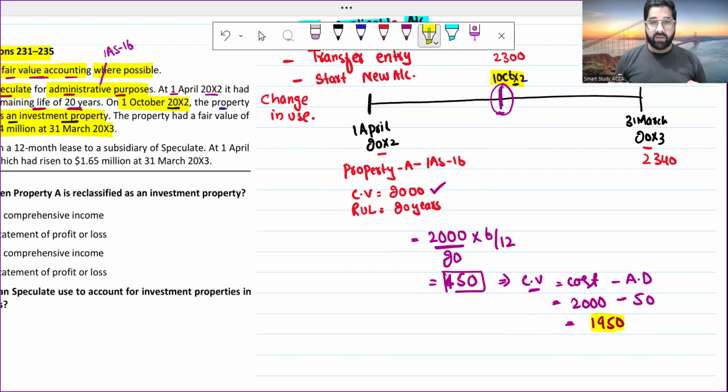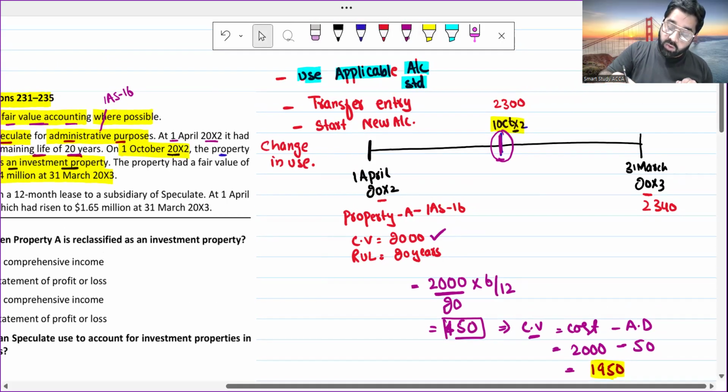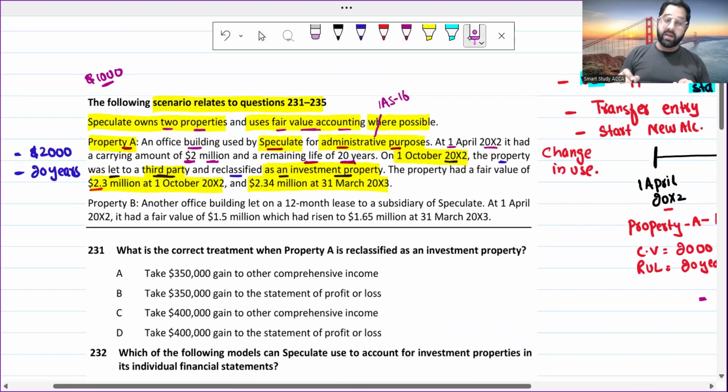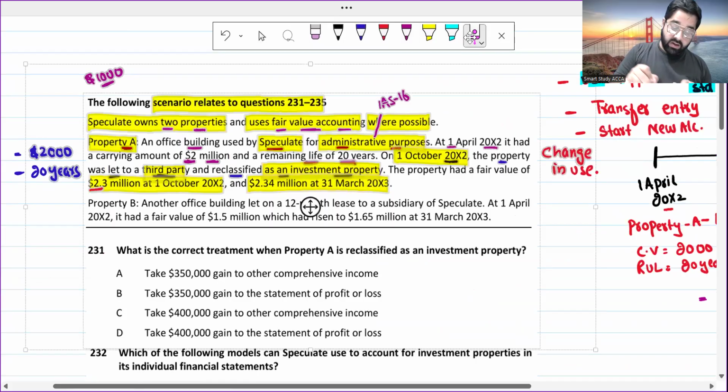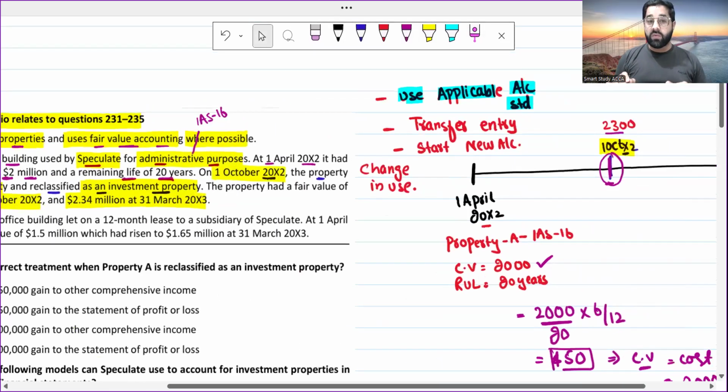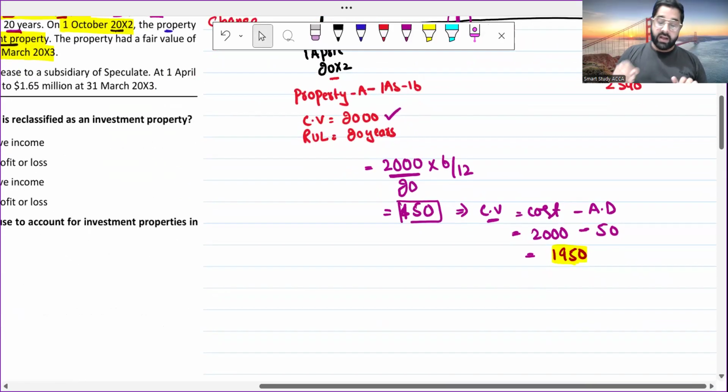It is 1950. Now, if you look at the fair value of the property at the date of change in use, it is 2300, and the examiner already specified that Speculate company always uses fair value accounting where possible. Now we have to follow the rules of the revaluation model. In the revaluation model, we will always classify our non-current asset at revalued amount.